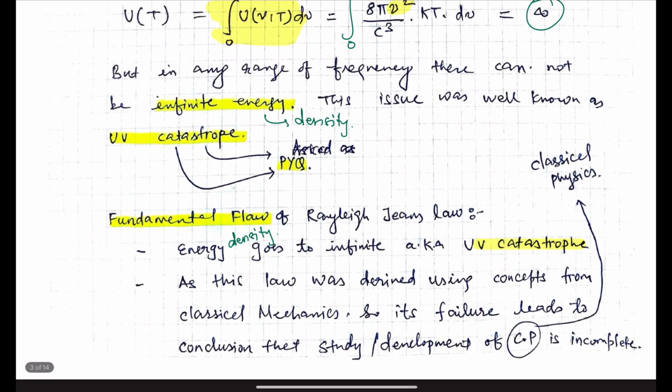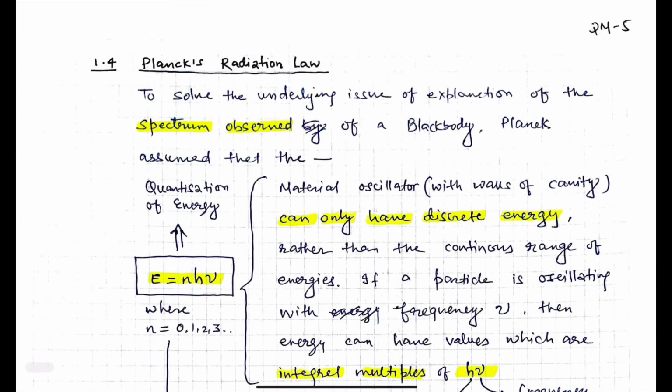And as this law was derived using concepts from classical mechanics, its failure leads to the conclusion that the study or development of classical physics is incomplete as of now. So we need to study it even more. Now we are done with the Rayleigh-Jeans law. Now let's move to Planck's radiation law next.